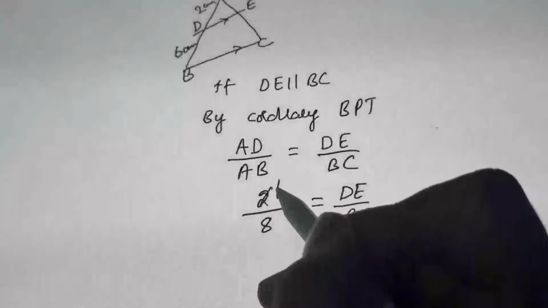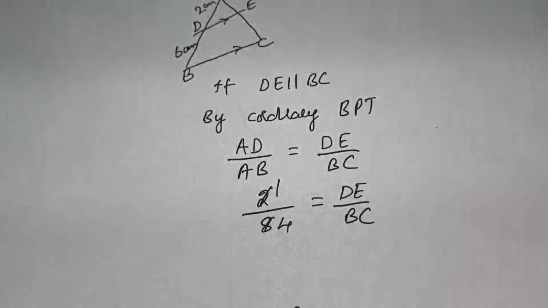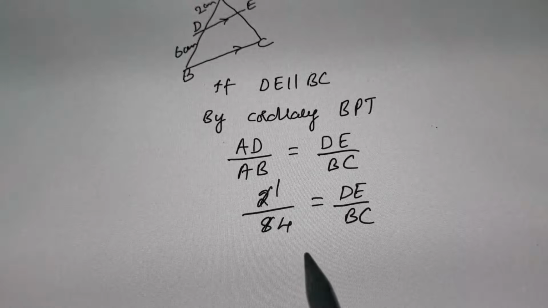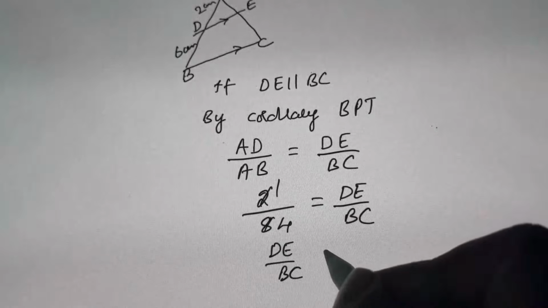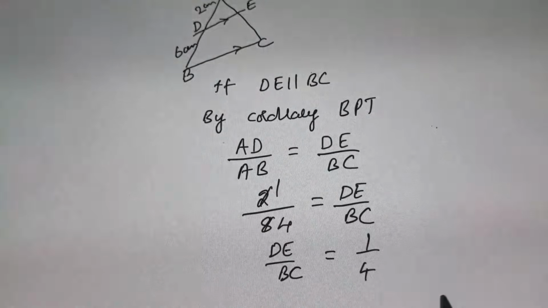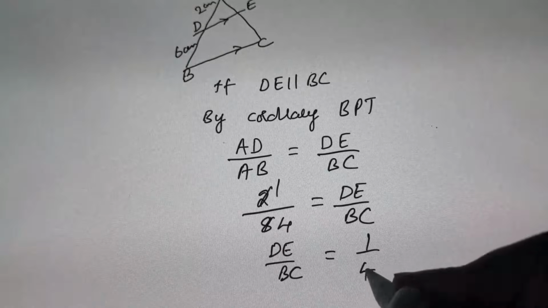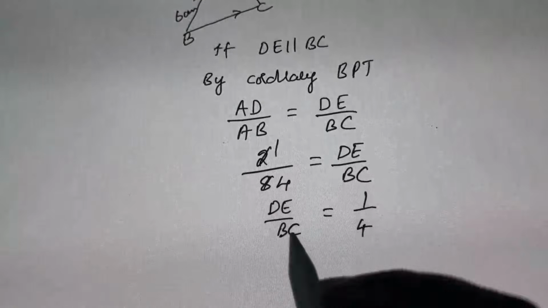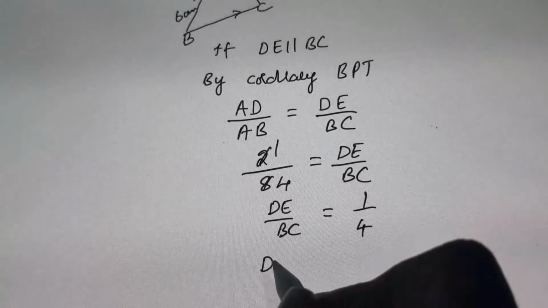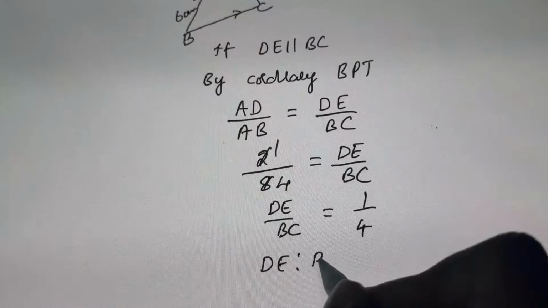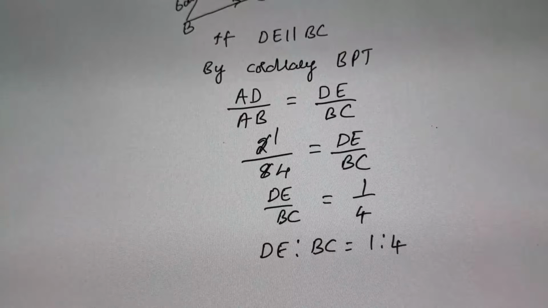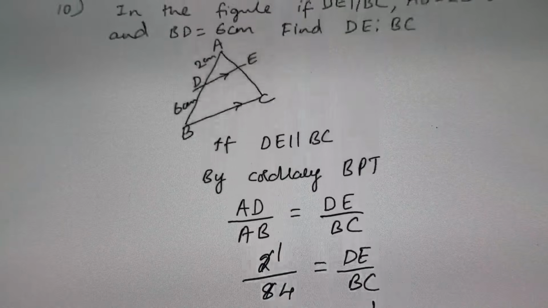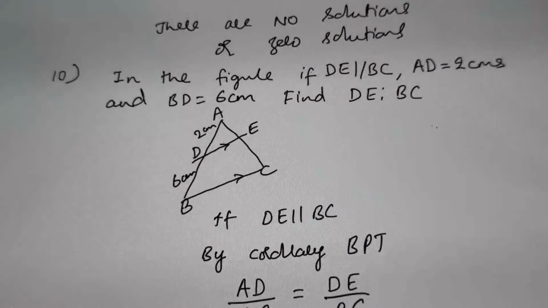So 2 ones are 2, 2 fours are 8. Therefore, DE by BC equals 1 by 4, or in ratio form, DE is to BC equals 1 is to 4. So this is the final answer of question number 10.